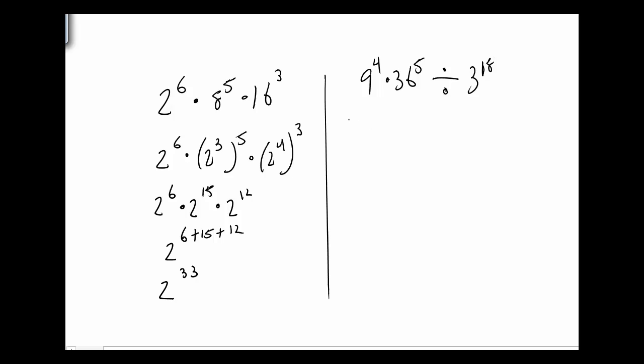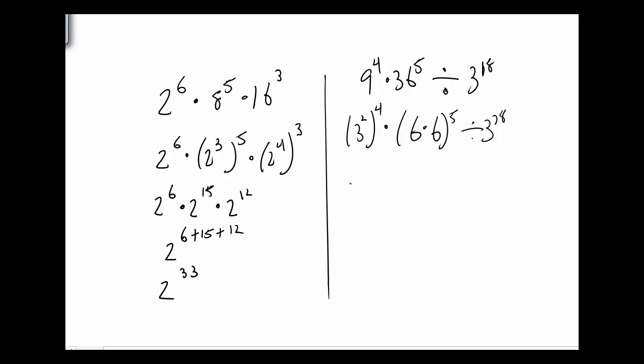So I can rewrite 9 to the 4th as 3 squared to the 4th, times, let's see, 36 would be 6 times 6. Let's write that out so we can see it: 6 times 6 to the 5th, divided by 3 to the 18th.